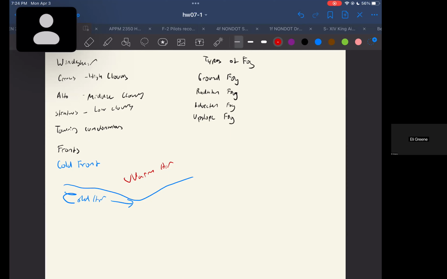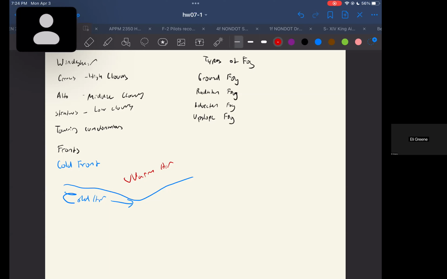A warm front is when a warm air mass overtakes a cold air mass and the warm front slides over the cold front. Once again, you're going to end up getting storms because warm air is getting pushed up. A stationary front is when a cold and a warm front move in and just hit each other. Essentially it's considered stationary because they're not moving. They're just sitting there next to each other.